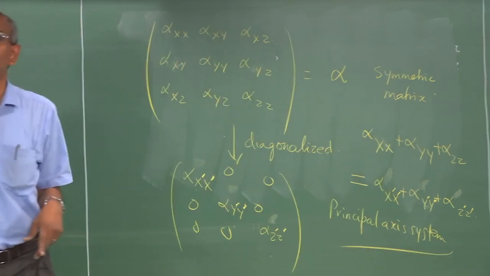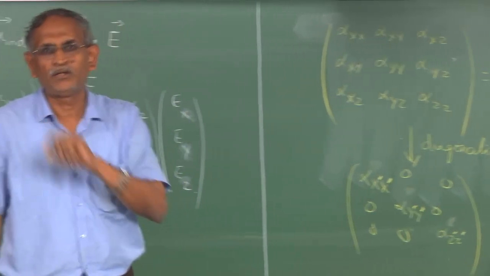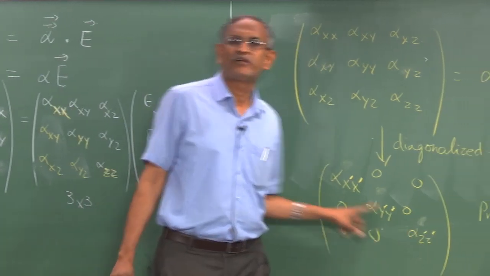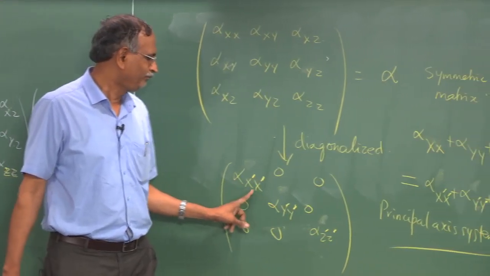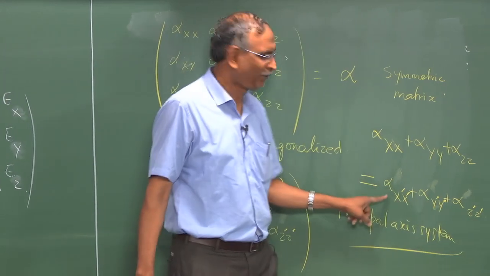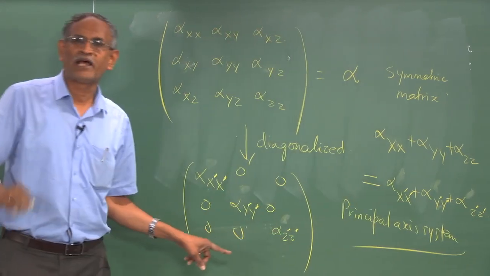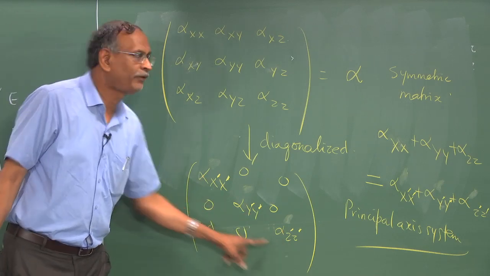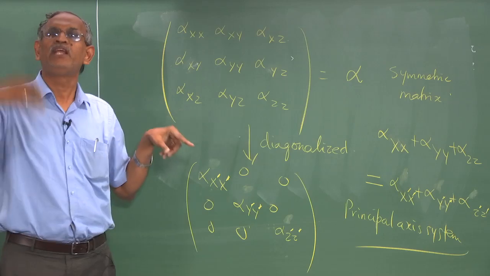Therefore, our idea in doing experiments is to find that particular axis system known as the principal axis system, in which we have only 3 measurable quantities x, y, z, but they are connected by the fact that this is a constant, because if you do not choose the principal axis system but some other axis system, you still have the relation that the sum of the 3 is the same as the sum of the 3 in that axis system.